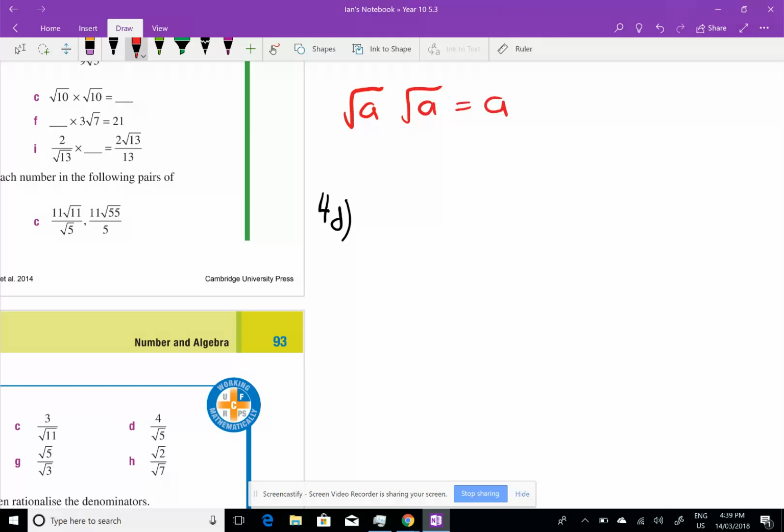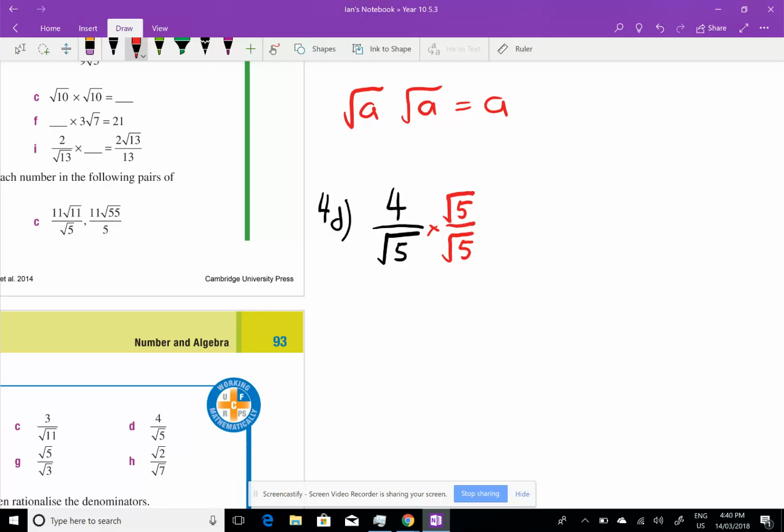So what I want to do is if I look at 4, I've got 4 on root 5. Now, if I want to rationalise the denominator, if I want to make that denominator a non-surd, a rational number, I can just multiply it by root 5. But because this is a fraction, what I do to the bottom, I must do to the top.